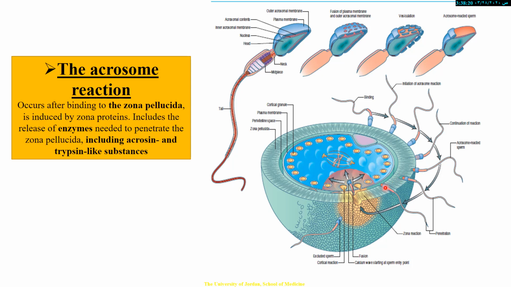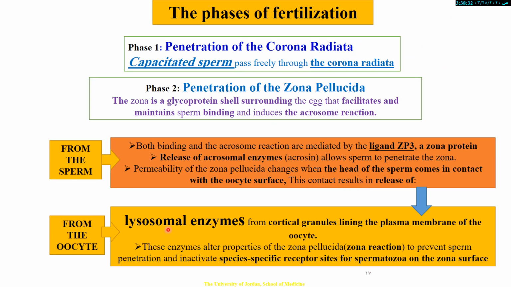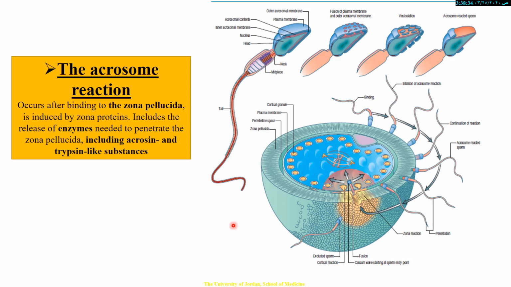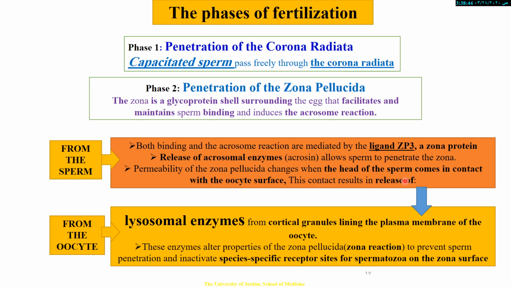The moment the head of the sperm reaches the oocyte, immediately the oocyte itself releases lysosomal enzymes. But before that, the sperm, as it tries to penetrate the zona pellucida, was releasing enzymes from the acrosome. So that's why I wrote here acrosomal enzymes from the sperm.